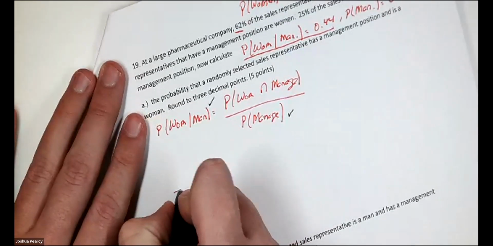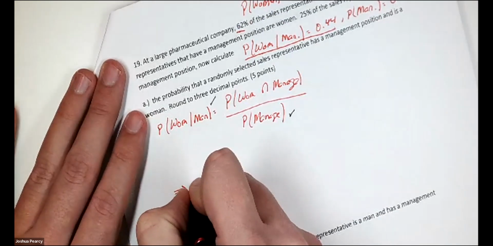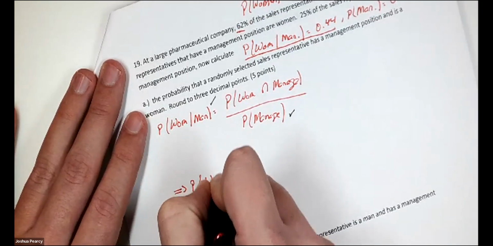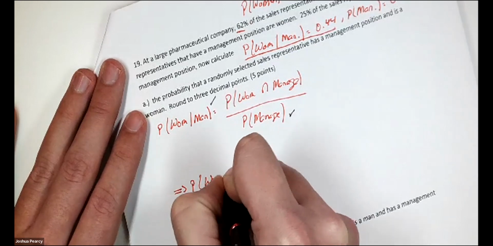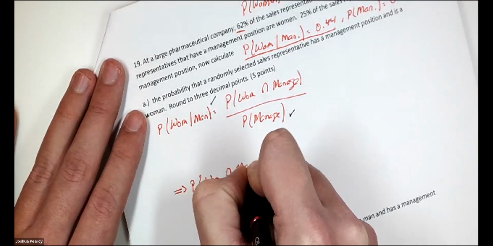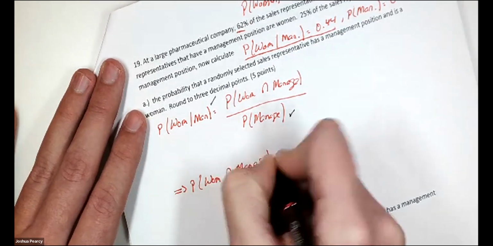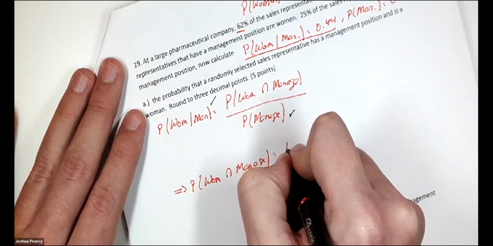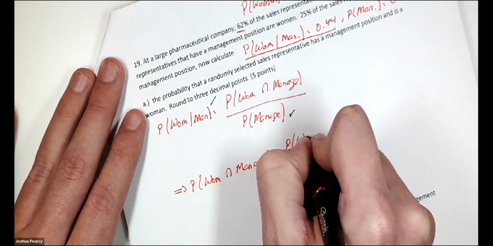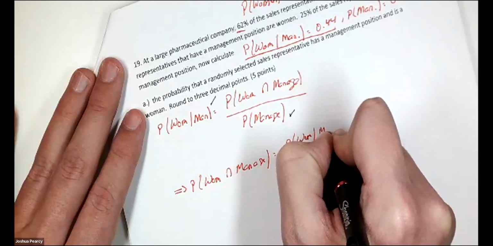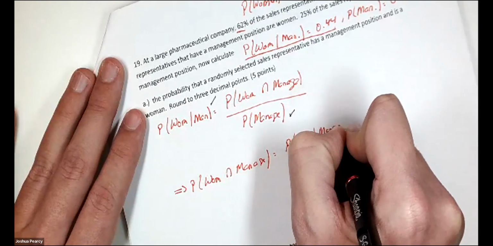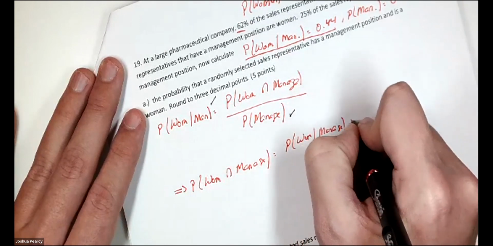So that implies that the probability of women and management is equal to the probability of women given management times the probability of management.